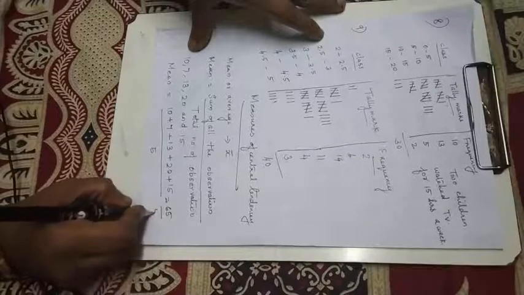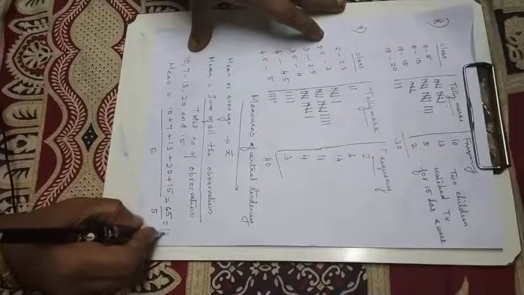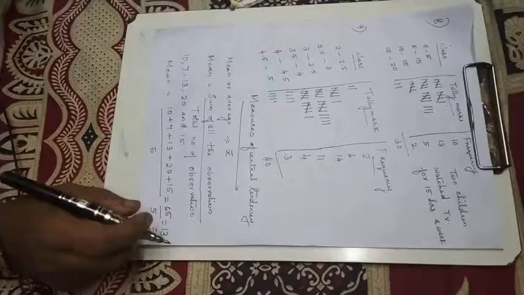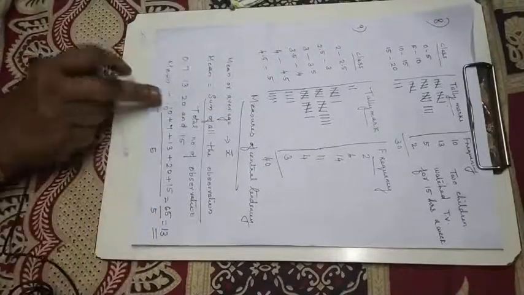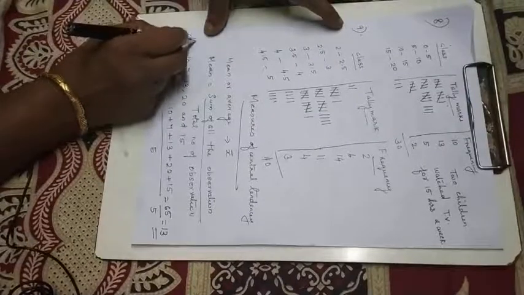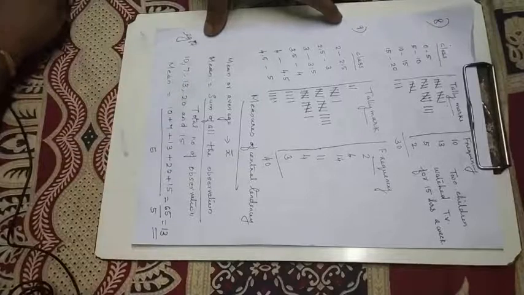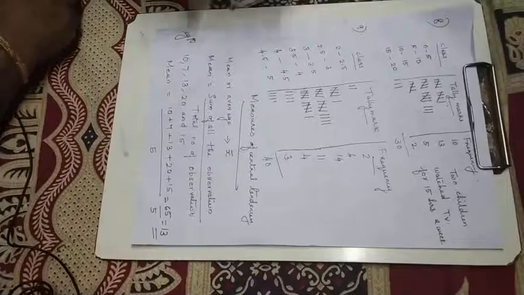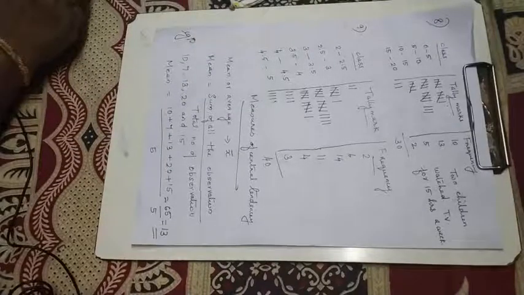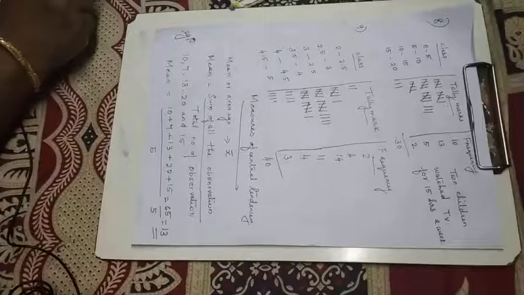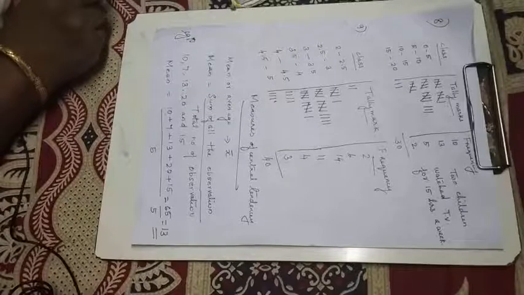So 65 by 5 is equal to 13. So the mean of this data is equal to 13. This is example number 10. So how to calculate the mean or average of data? You have to add the observations and divide by the number of observations.